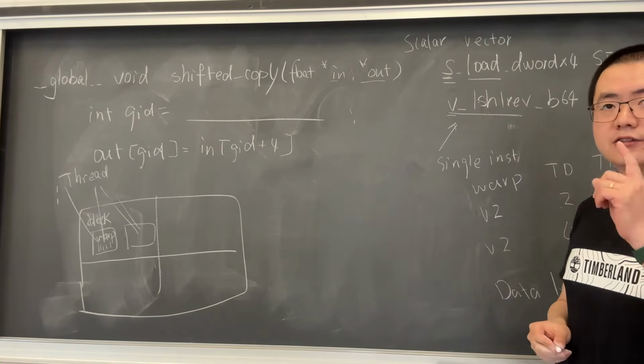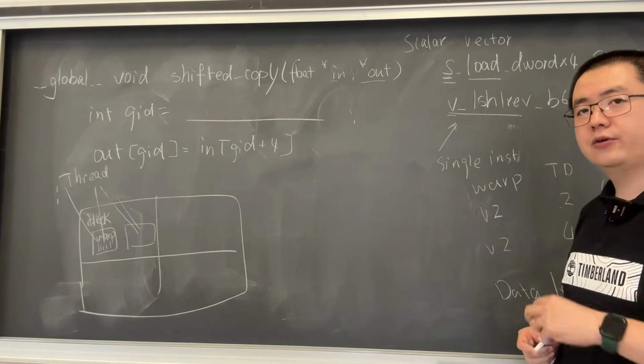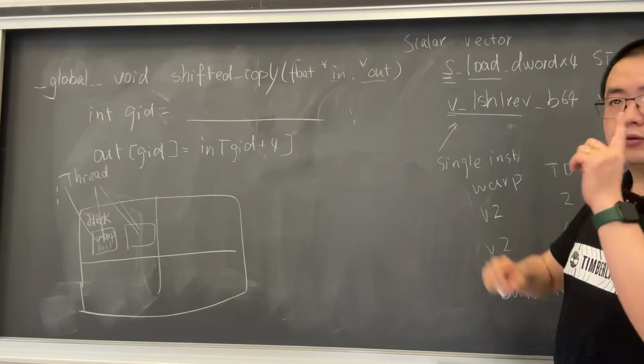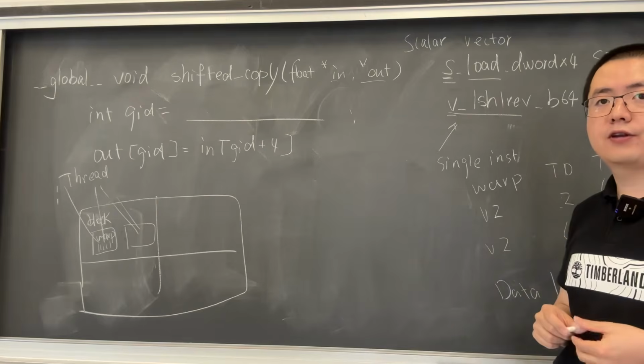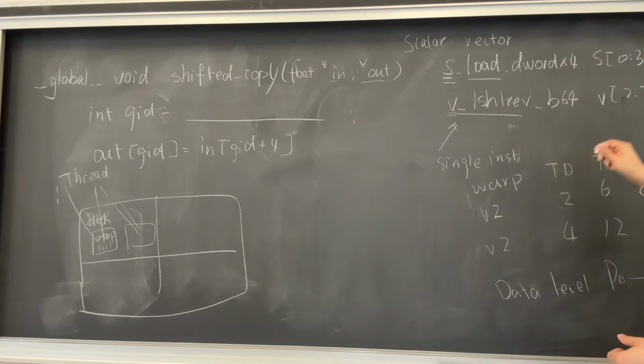In this case, we have a scalar instruction. In this scalar instruction, we use a special scalar unit to say, oh, I only want to run one operation for the whole 64 threads. And that comes to these S registers. So S registers are shared within a warp, not a block, shared within a warp.